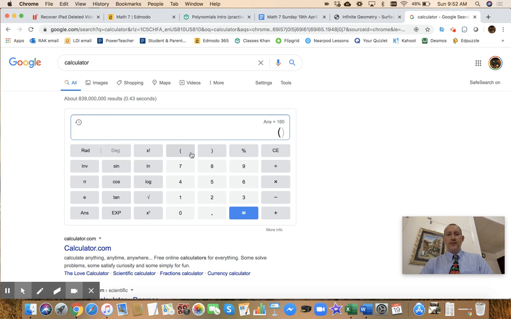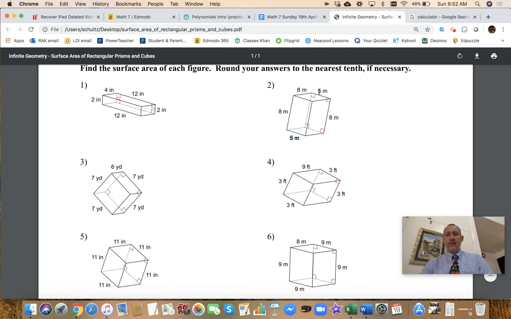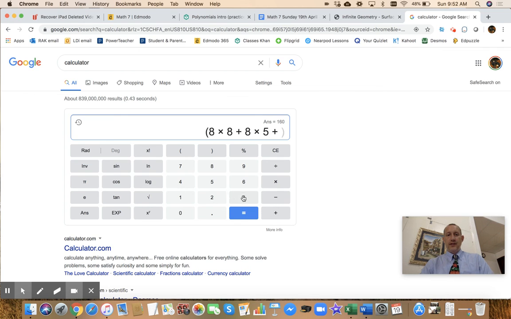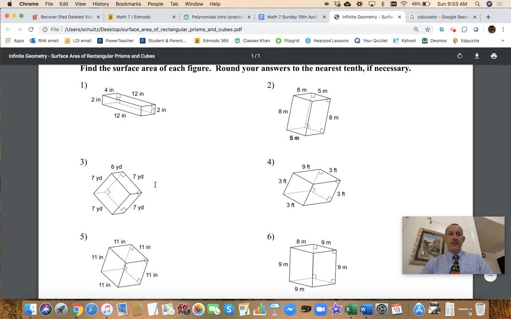Here, let's put it all in parentheses. 8 times 8 plus 8 times 5. That's the length times the width, right? Length times height, length times width, and then height times width. So plus height times width. And then all that is going to be multiplied by 2. And there you go, 288. That's the answer to that one. So it's 288 meters squared.